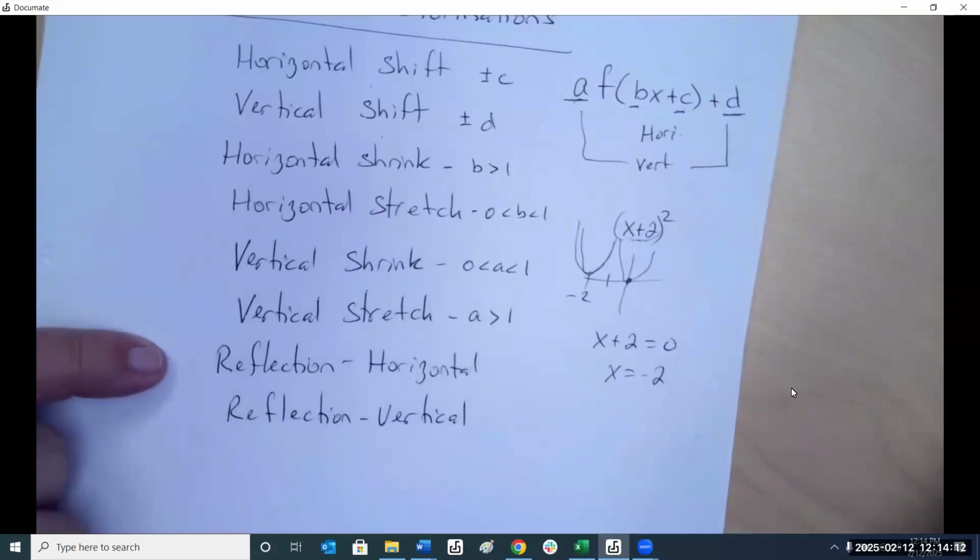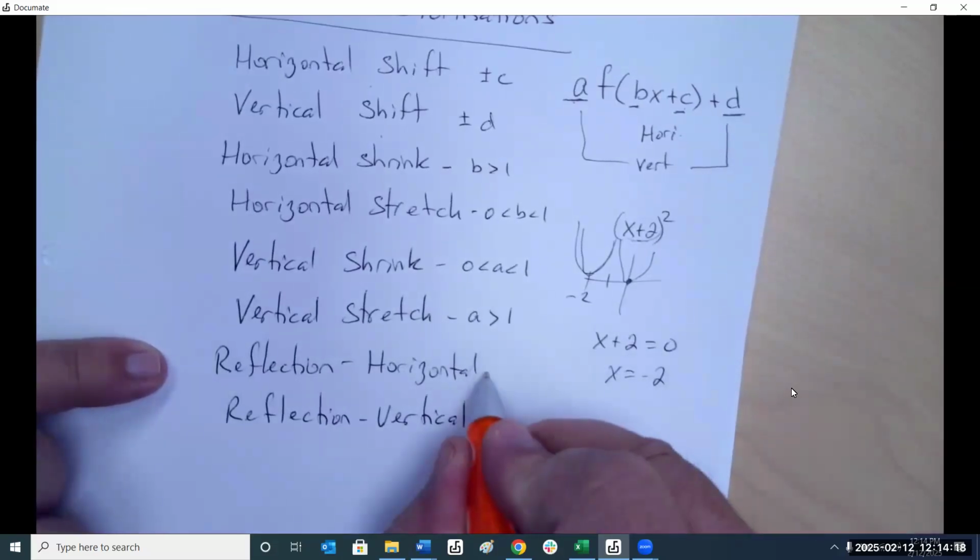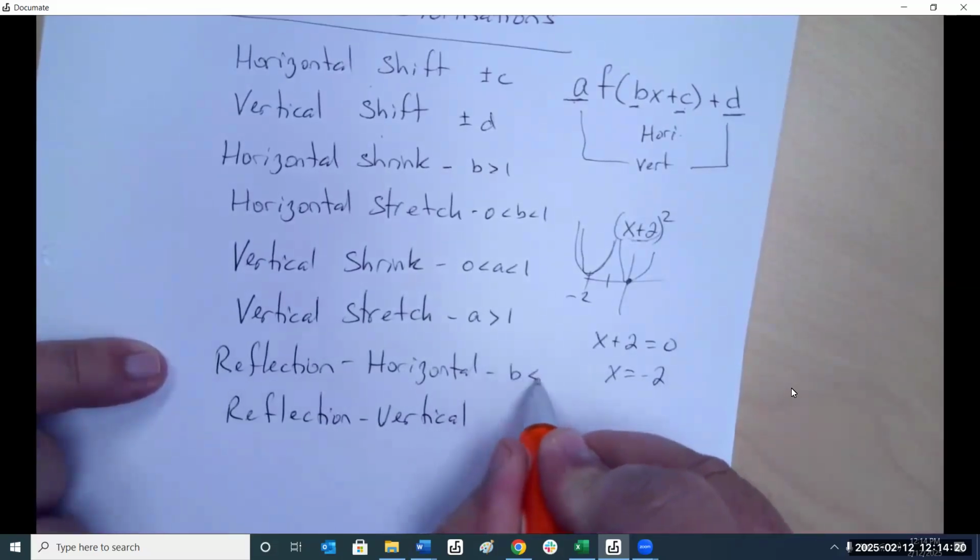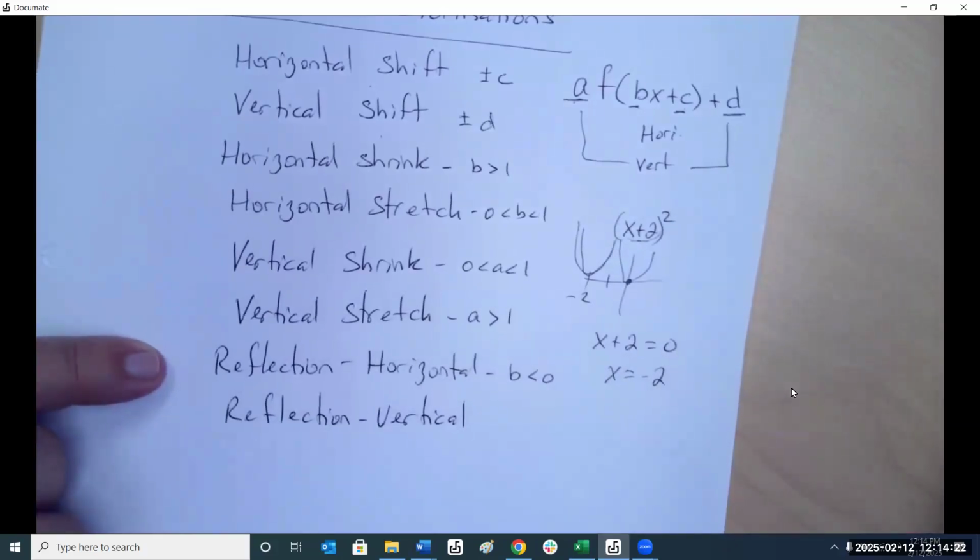Horizontal reflection. That's a flip across the y-axis. That's if B is negative. If the coefficient of X is negative, it flips across the y-axis.